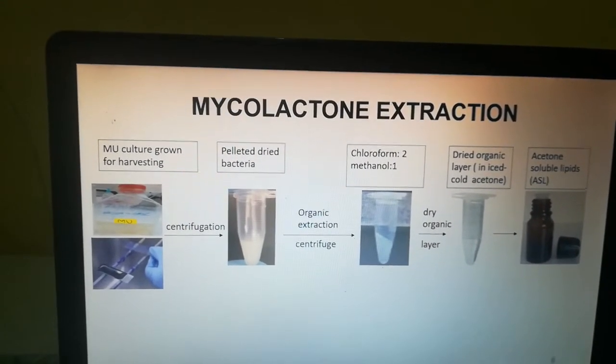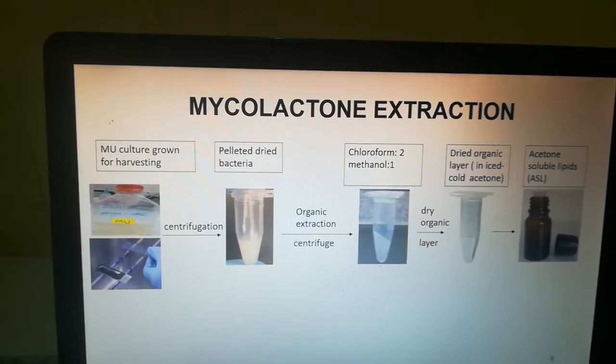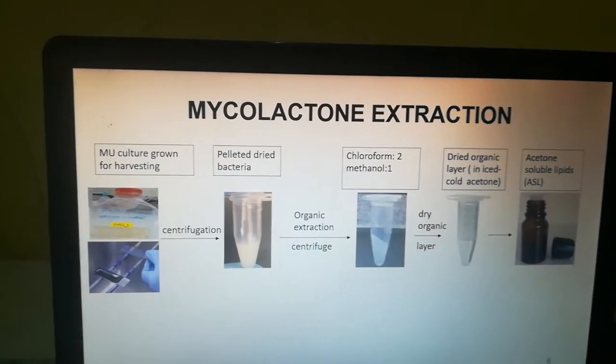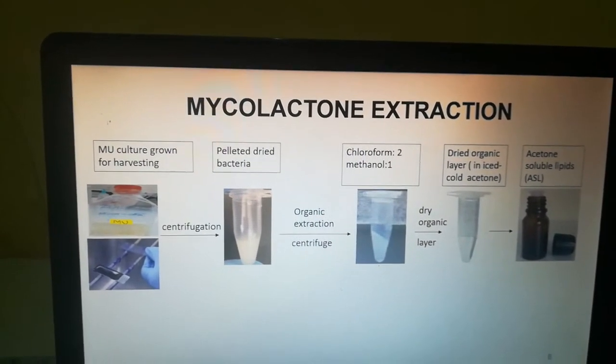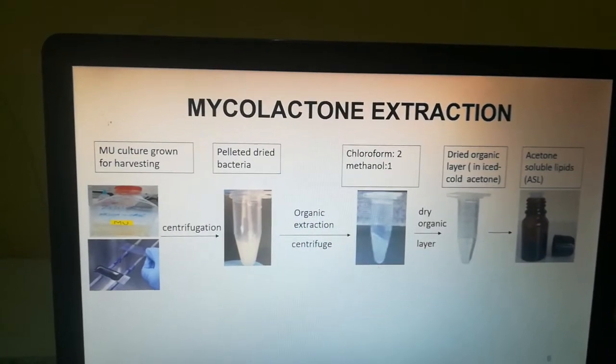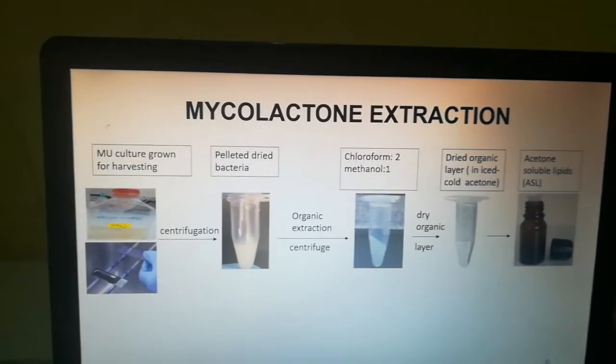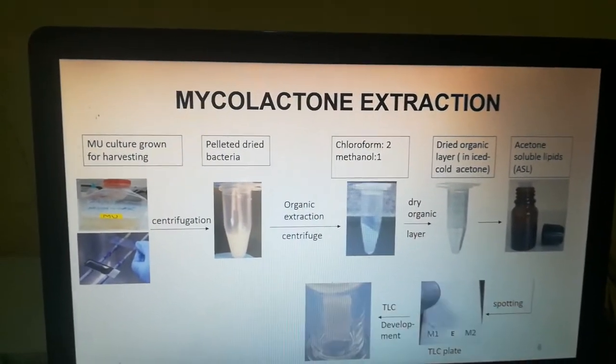A brown bottle, because the mycolactone, if it's presumed to be solubilized in this acetone, is light sensitive. So you ensure that you put it in a brown bottle to prevent degradation.